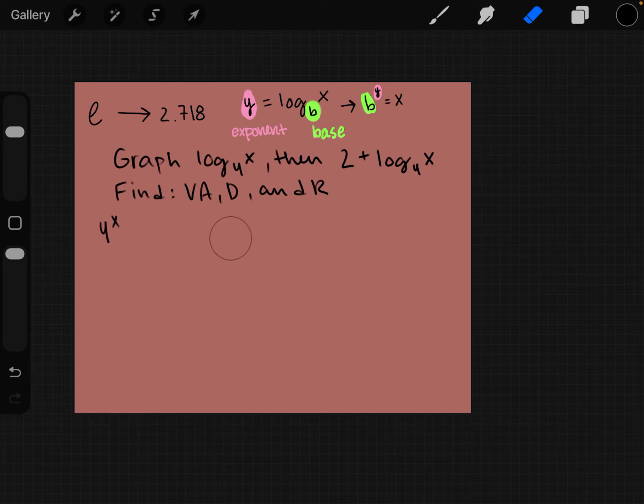So, to find the values to plot points for log 4x, we just use this guy first.